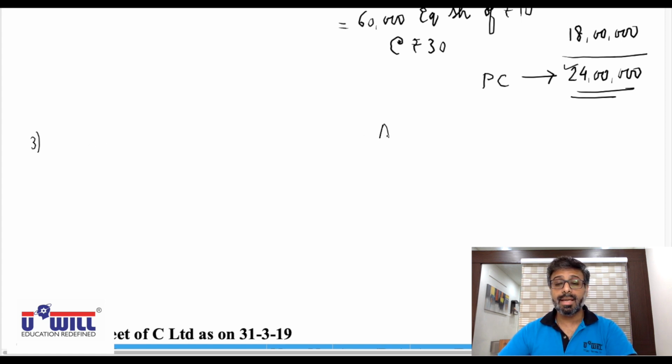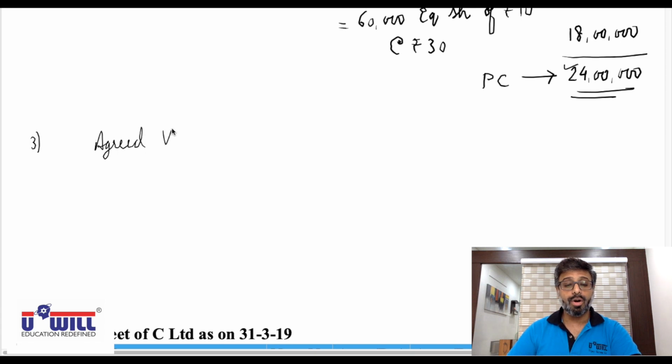First, A Limited, B Limited, and in fact you can combine it also, no need of A Limited and B Limited separately, directly we can write the total amount of assets and liabilities. First we'll find the difference between purchase consideration and net assets. So agreed value of assets taken over.